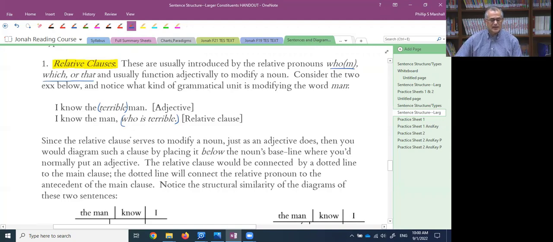And I'm telling you what kind of man by use of either an adjective in the first example, just a simple adjective, or in the second example, an entire clause to modify the man. I know the man who is terrible.